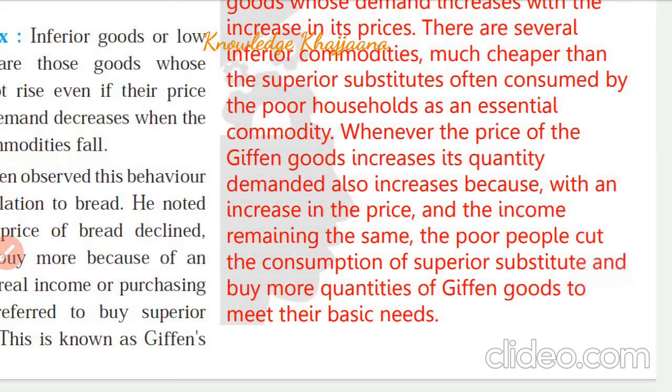Whenever the price of the Giffen goods increases, its quantity demanded also increases, because with an increase in the price and the income remaining the same, the poor people cut the consumption of superior goods and buy more quantities of Giffen goods to meet their basic needs.